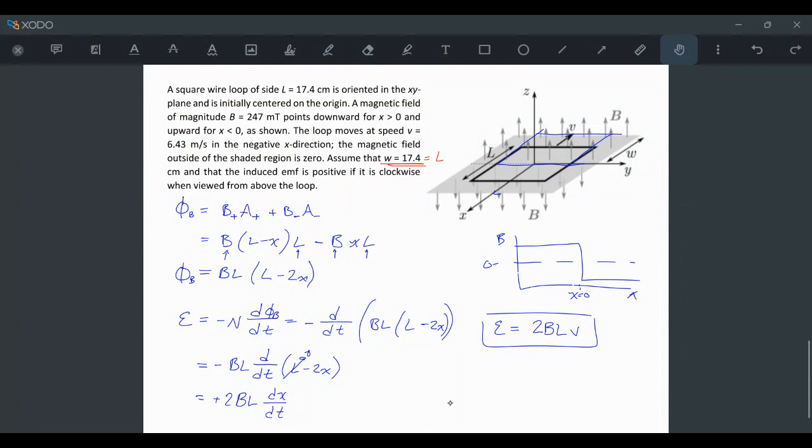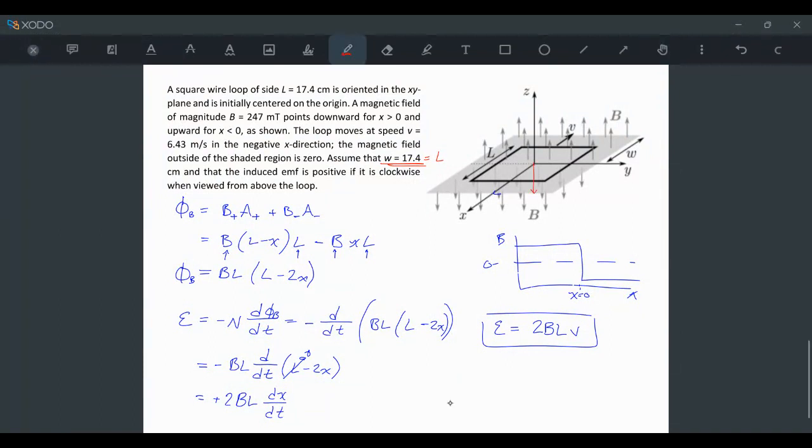So as it moves backwards up until this point, there's more and more positive magnetic field going through the loop. Lenz's law says that the induced EMF tries to correct any changes in flux going through the loop. So if the loop is moving backwards and the applied magnetic field is becoming increasingly positive, then the current due to this induced EMF creates a magnetic field that points in the opposite direction. So there's a magnetic field that will point downwards because of the induced current.